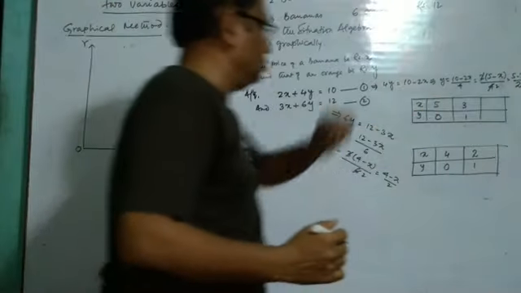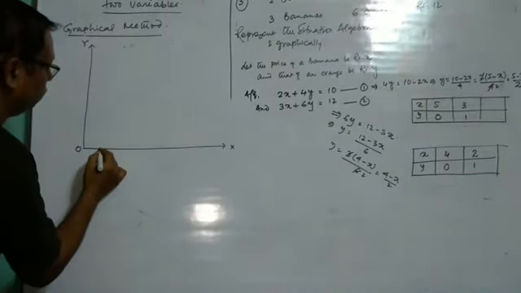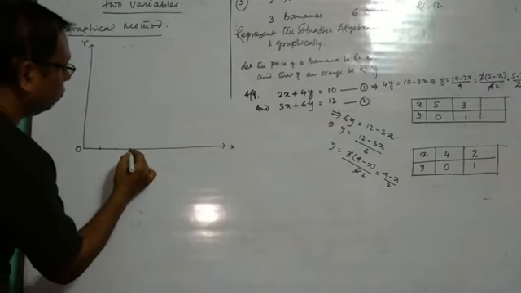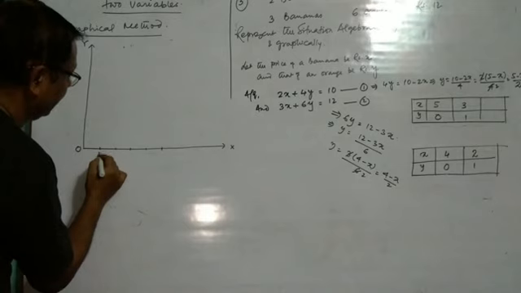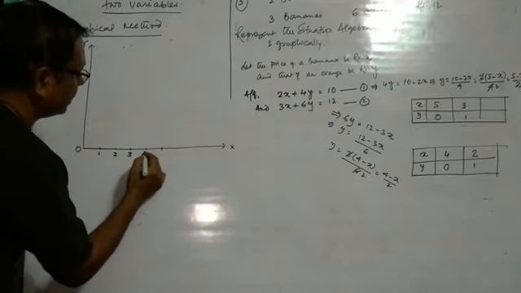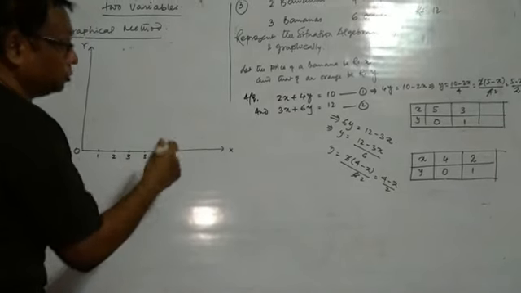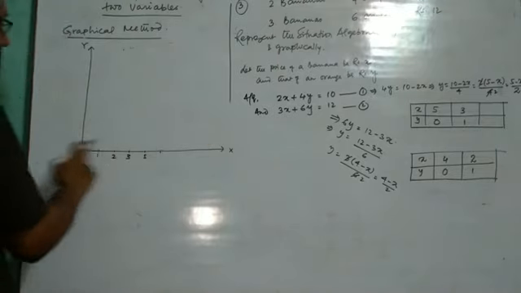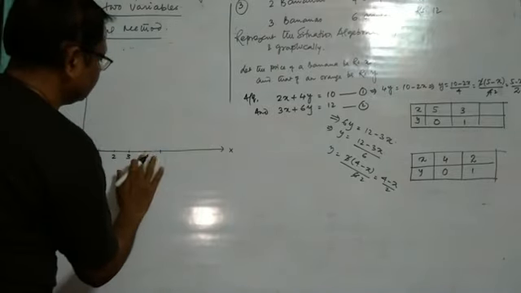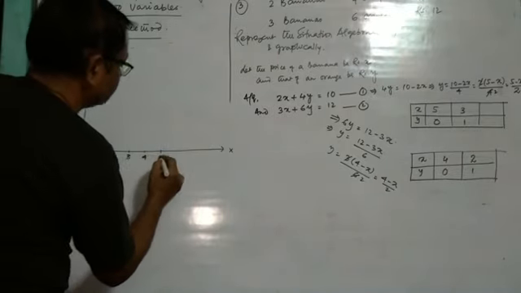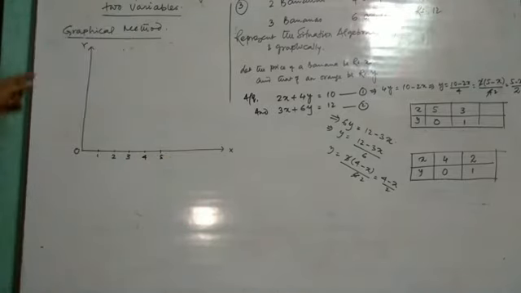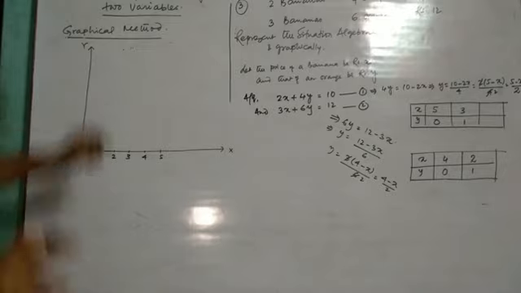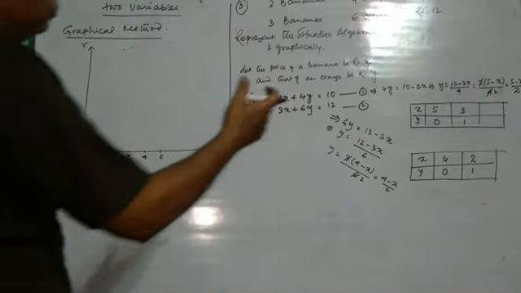X value goes up to 5, highest value. 1, 2, 3, 4, 5. 10 small units represent 1 unit along x-axis. And similarly, whatever scale you will take, you will write over here 10 small squares represent 1 unit, or whatever.